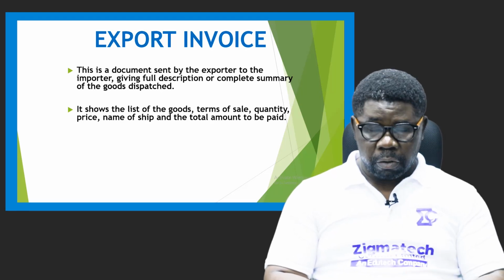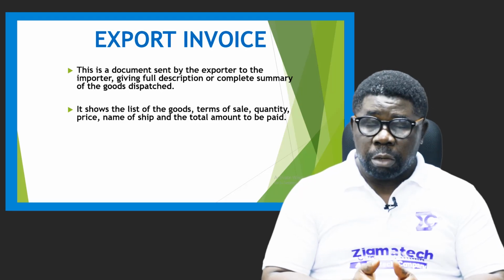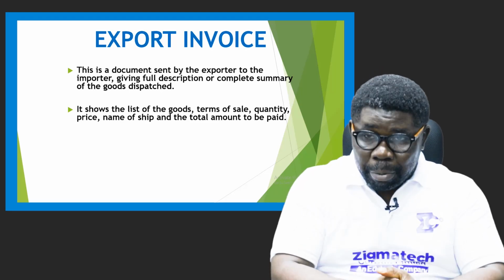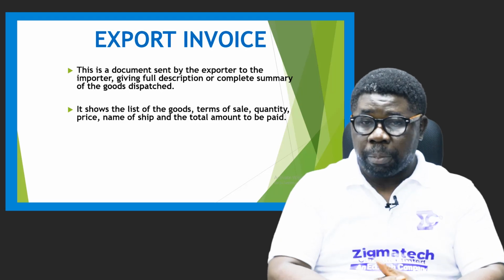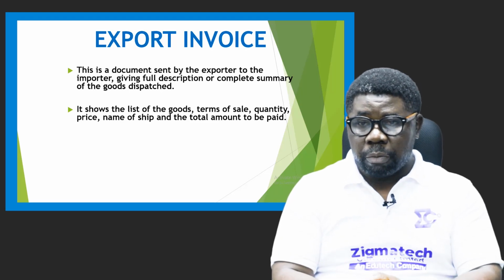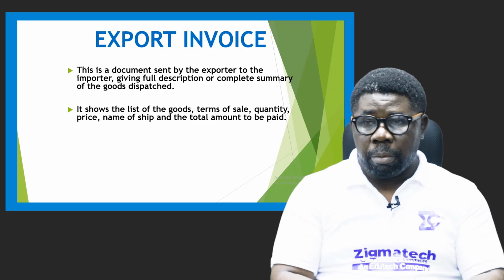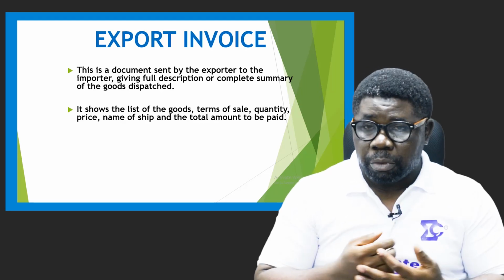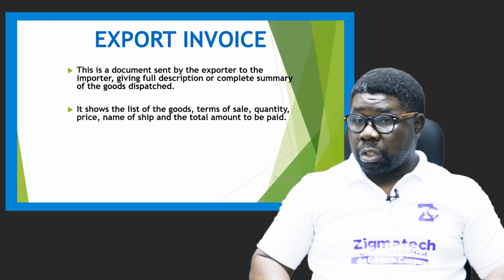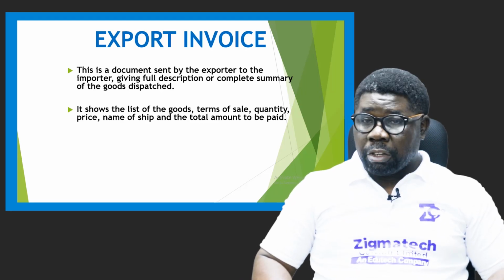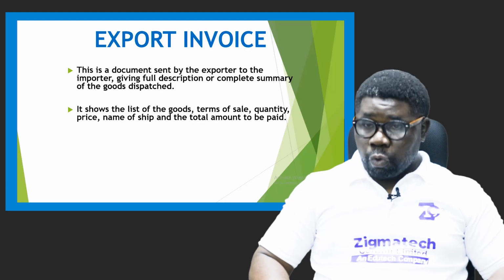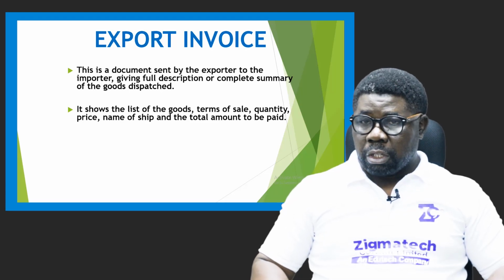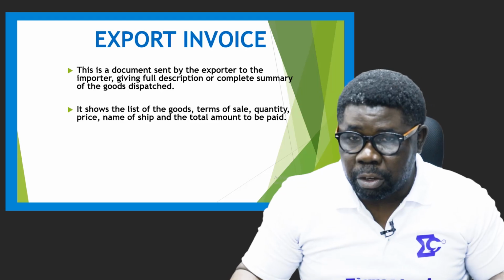It shows the list of the goods, the terms of sales, the quantity and price, name of ship, and the total amount to be paid. So yes, it gives complete information to the importer from the exporter on what to be paid for. That's what we call an export invoice, all right?